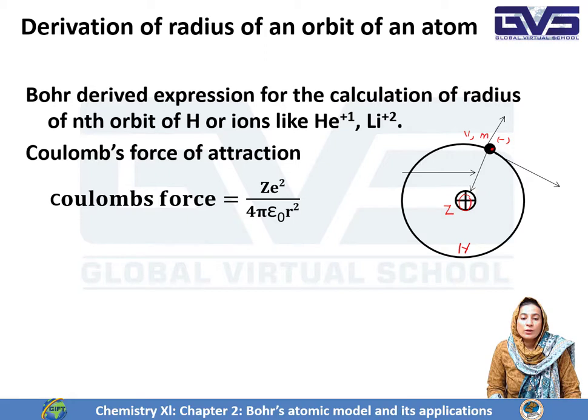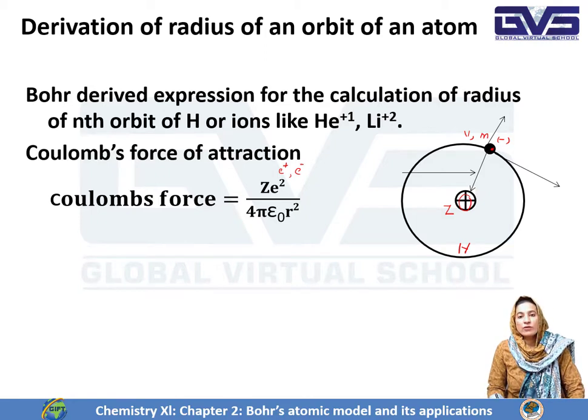And this Z is the atomic number. E square means here are two charges, the charge of the proton, which is positive, and the charge of the electron, which is negative. Because the charge values are the same, they are collectively written as e square. Pi is a constant.